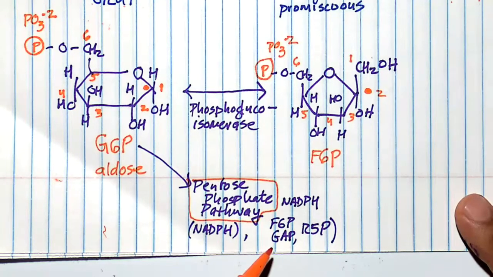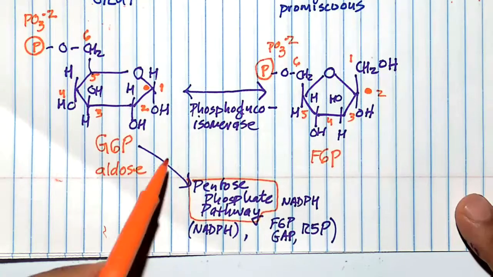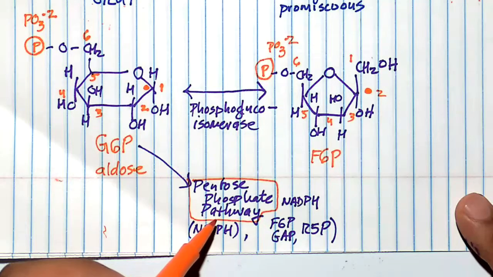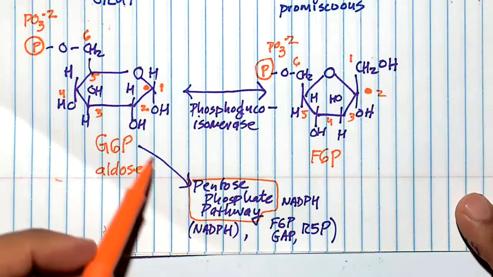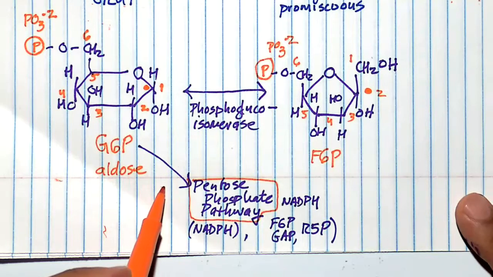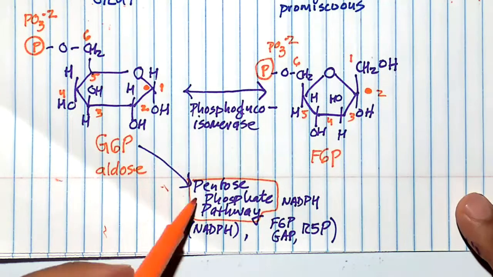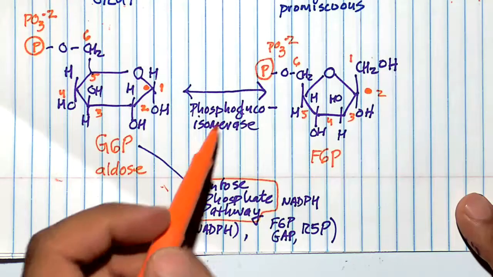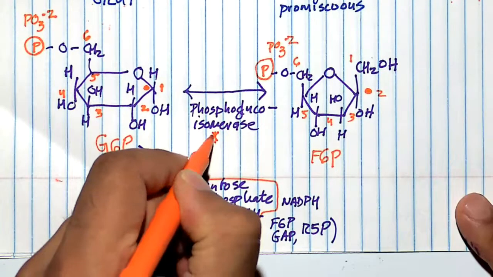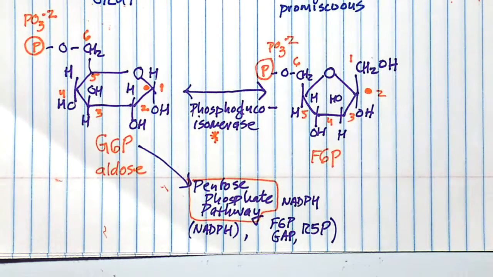And one of the major enzymes that takes glucose 6-phosphate and converts it to the carboxylic acid, the gluconate form, is glucose 6-phosphate dehydrogenase. That enzyme also is implicated in hemolytic anemia, just as phosphoglucoisomerase. So you're going to see hemolytic anemia a lot as one of the main pathologies associated with defective enzymes, particularly in glycolysis and the pentose phosphate pathway.